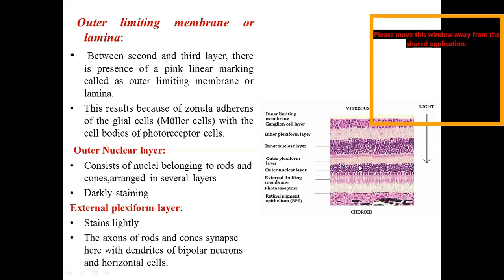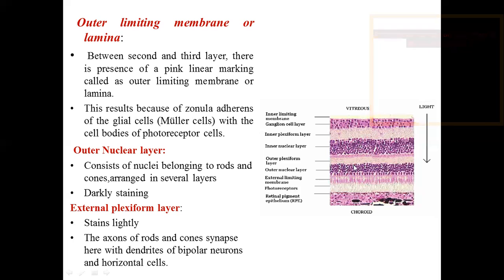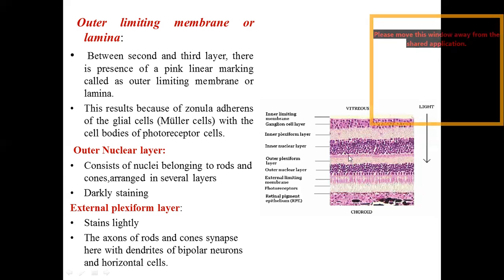So axons of rods and cones synapse here with dendrites of bipolar and horizontal cells. So these are coming from lower levels. So in the outer plexiform layer, there is a communication between rods and cones, axons, with the dendrites of bipolar neuron and horizontal cells. So that's why it is the light stain area.